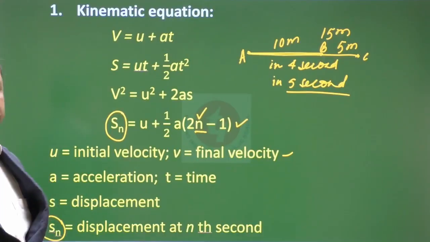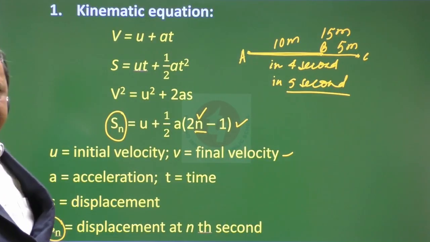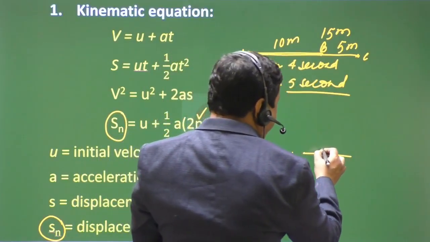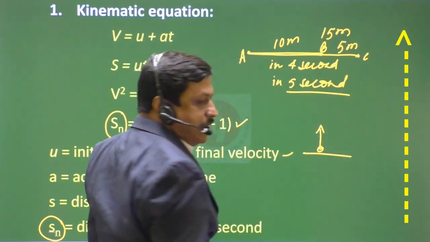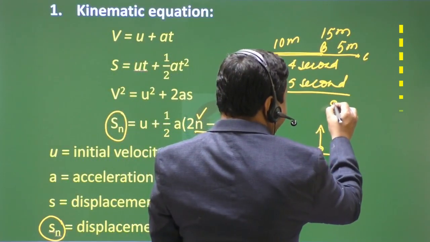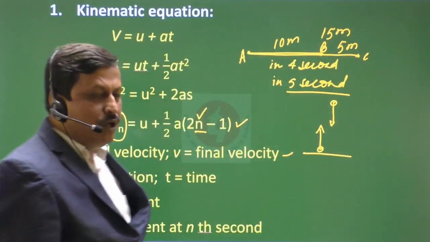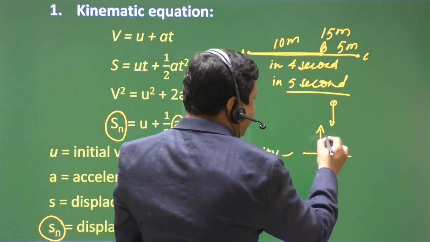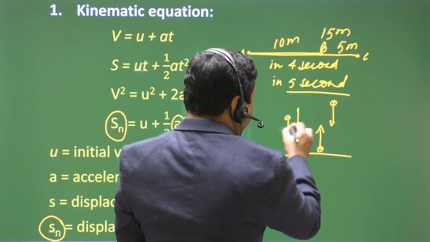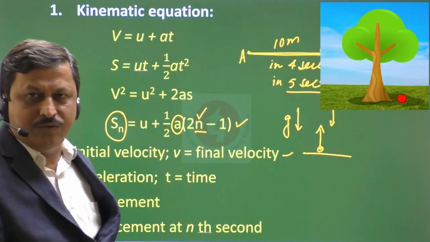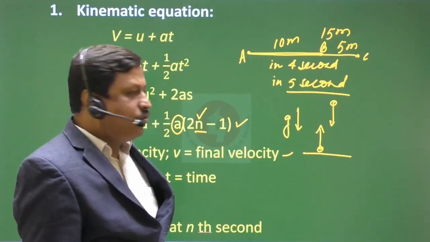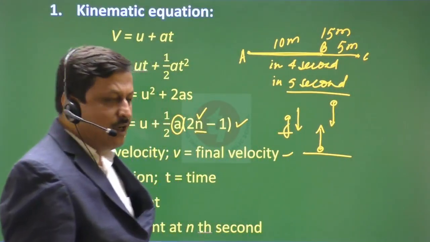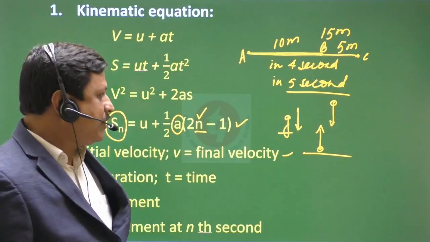And in case of vertical motion, like if you throw a particle vertically upward, or if you throw a particle vertically downward, then in place of a we will take g. Because there is g acting on the particle, acceleration due to gravity, you know that. Basically we can put the value of g as 10 meter per second square, but actually the value is 9.8 meter per second square.